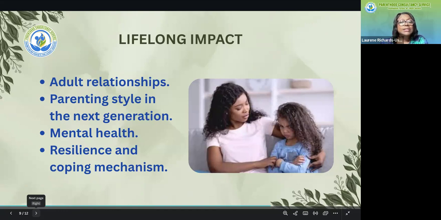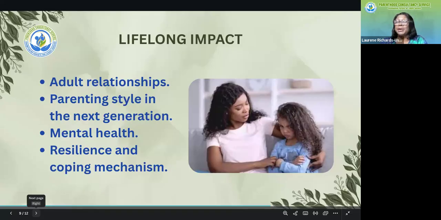And this is what your child is going to emulate when they have their children. It will also give them mental health stability. They're not all over the place and become dysfunctional in what they do. I've seen that over and over.